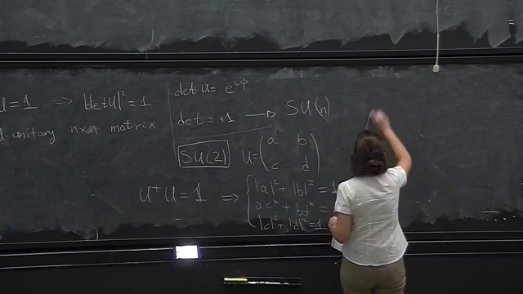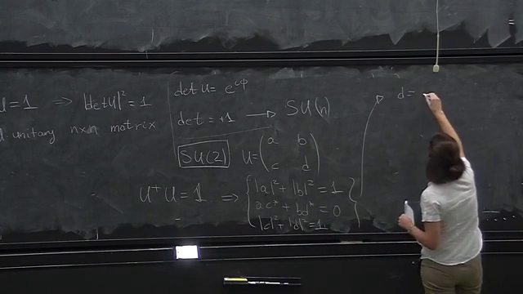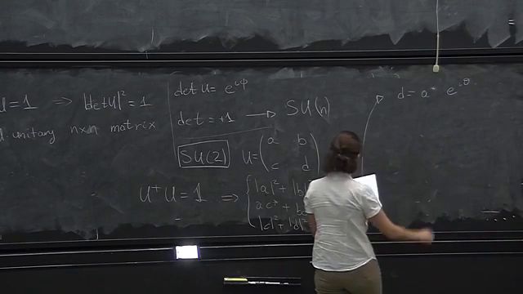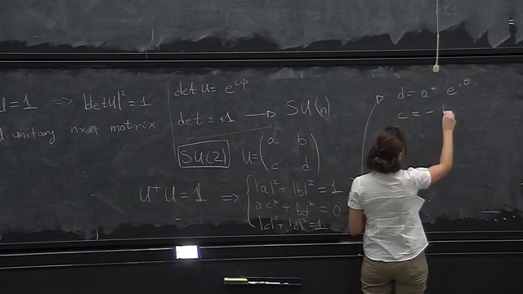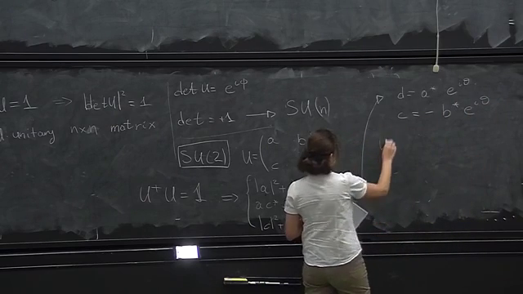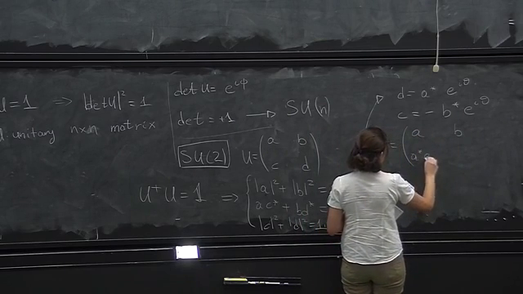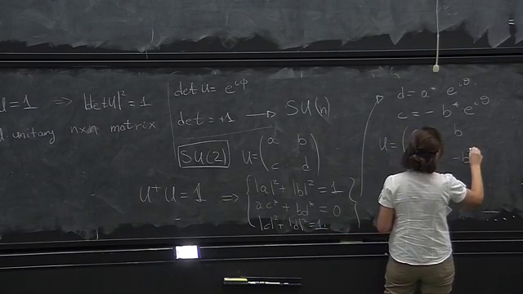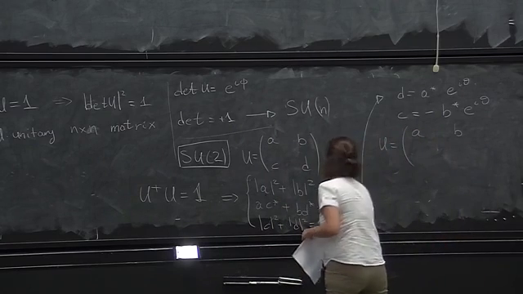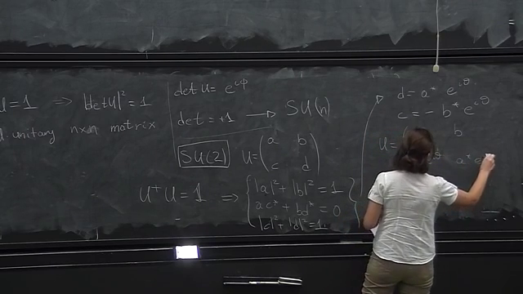And if you solve these equations, you will get that D should be equal to A star times some phase, let's call it e to the i theta, and C should be equal to minus B star times the same phase, which means that our matrix can be written as A, B, minus B star e to the i theta, A star e to the i theta.